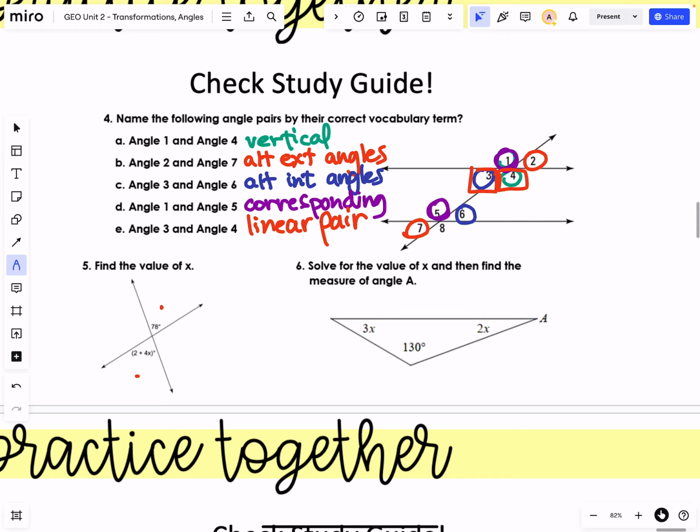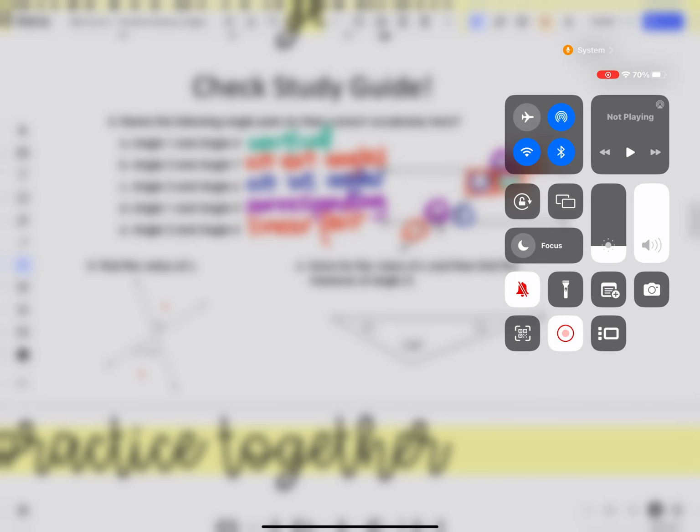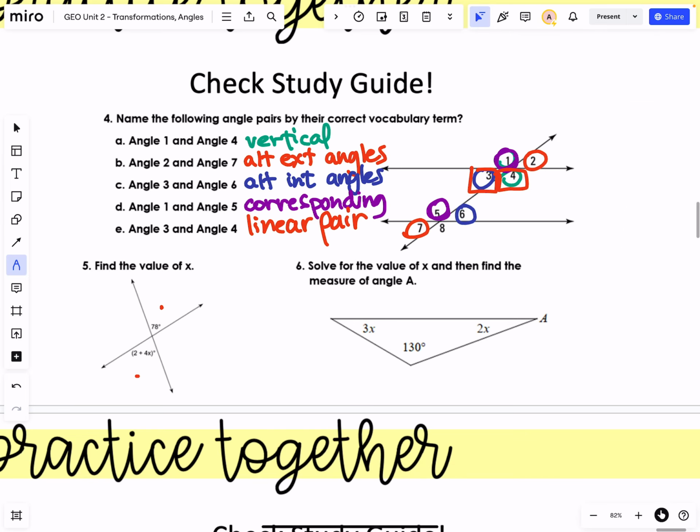These are always going to be congruent, always. So we're just going to set them equal to each other. So 78 is equal to 2 plus 4x, and we would solve this equation.